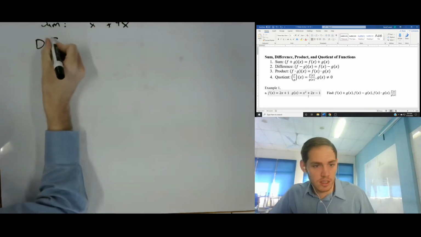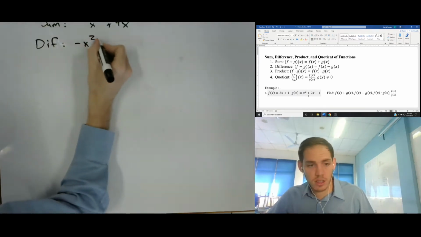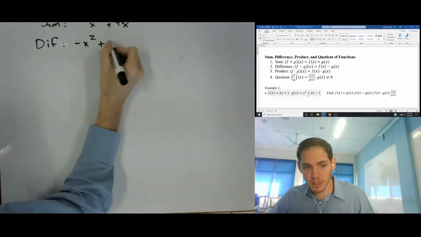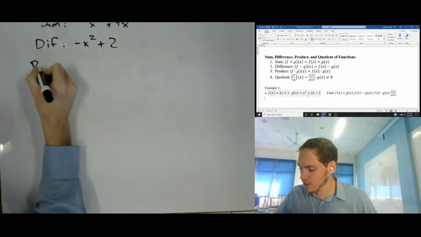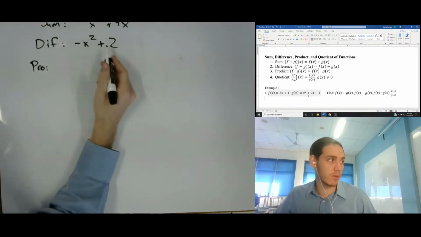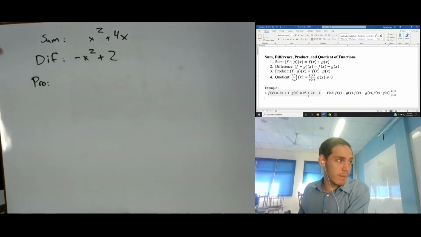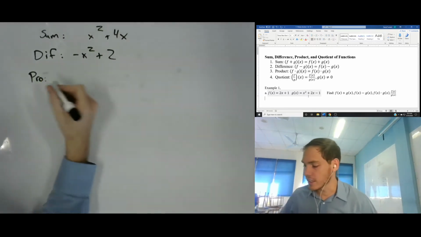The difference is going to be negative x squared plus 2. These are just solutions. If you want to do the math with them, you're free to, but these are the answers.